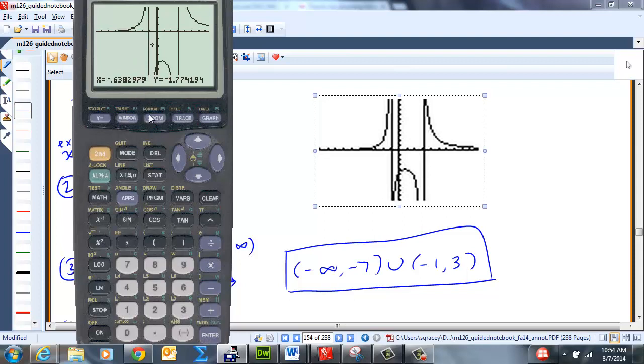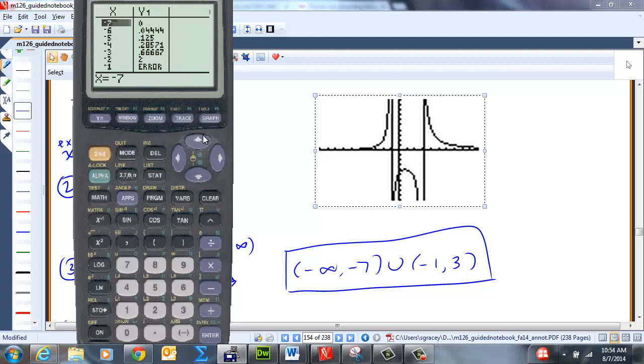So I'm going to go to the table and see what we have going on. So we have our 0 at -7, and at -8 it's negative. So I see what's happening. It crosses the asymptote and goes underneath.